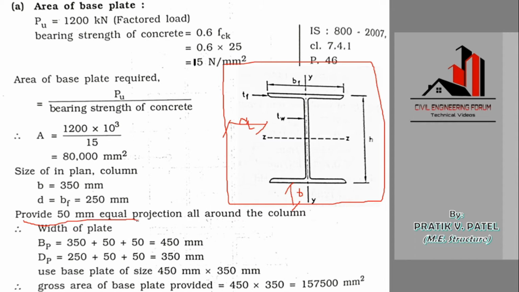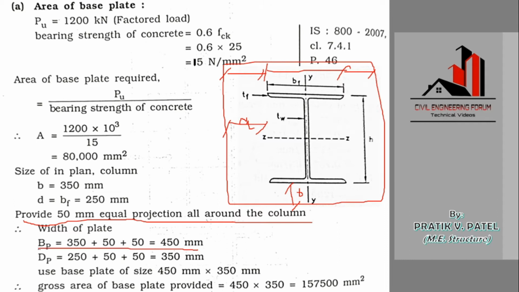Provide 50 mm equal projection all around the column, as we did here. Both of these A and B are 50. So now we can decide, or rather check, the area of the base plate. If we provide this, then we have this much 250, and on both sides if we take 50-50, then 250 plus 100, that would be 350.